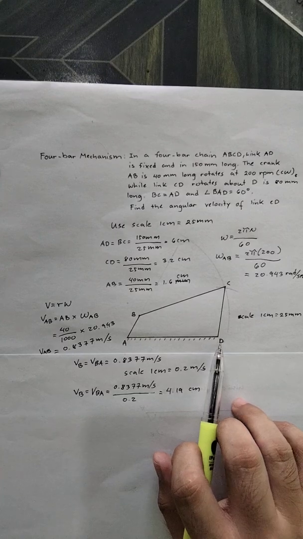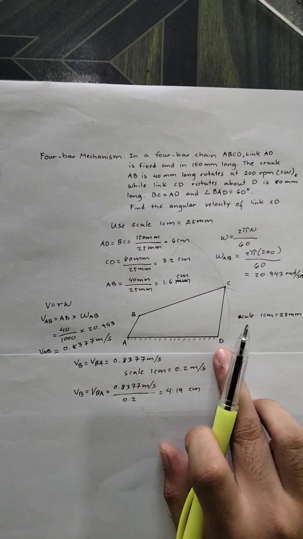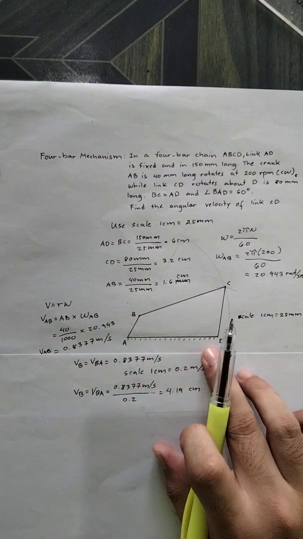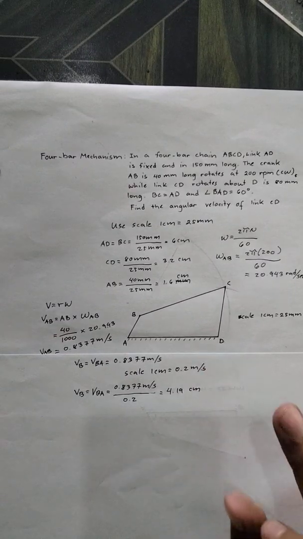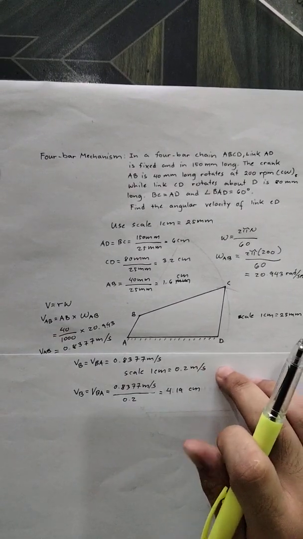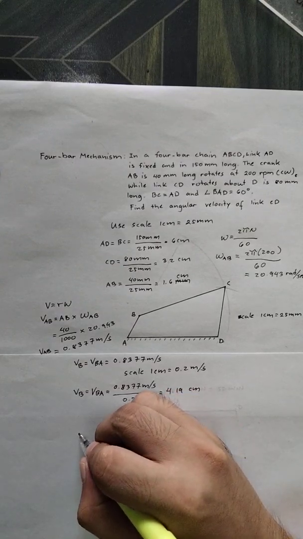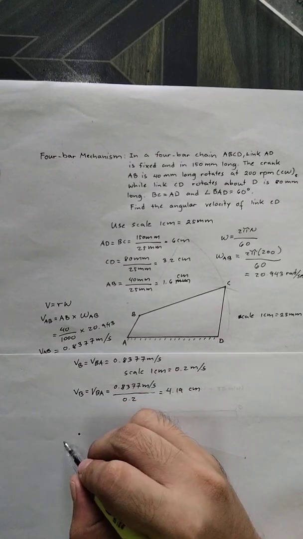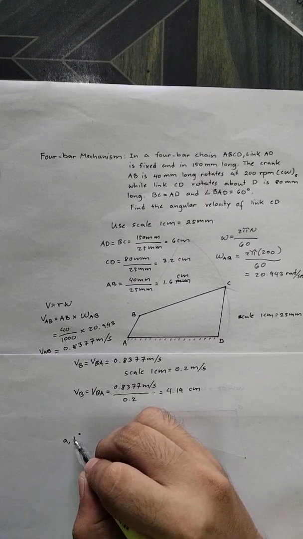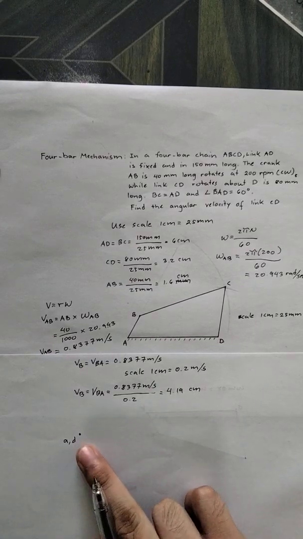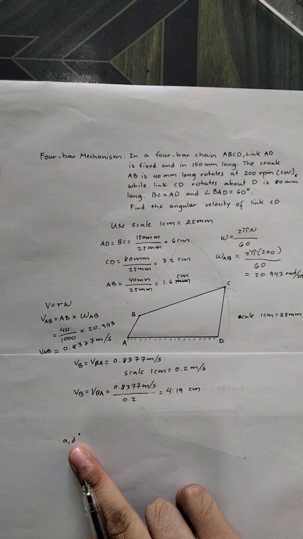So, if they have zero velocity, you can combine these 2 points in your vector diagram because they have the same velocity. Just make a point, and this point will show that this is point A and D.